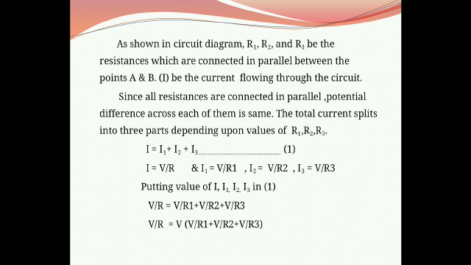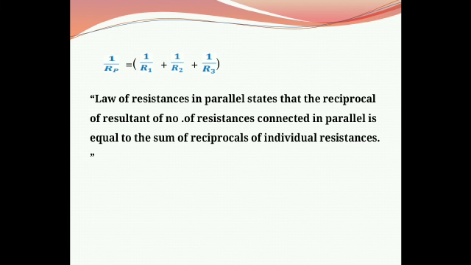If V is taken as common, the equation becomes V upon R equals V times (1 upon R1 plus 1 upon R2 plus 1 upon R3). Therefore, we get the equation 1 upon Rp equals 1 upon R1 plus 1 upon R2 plus 1 upon R3.